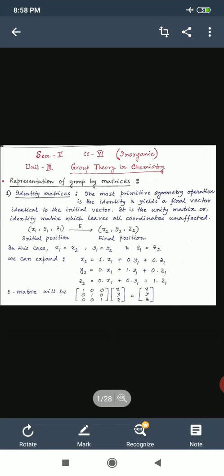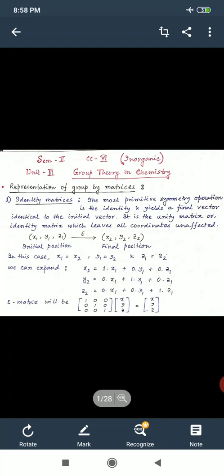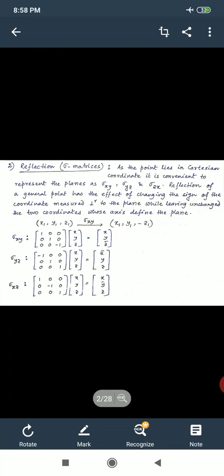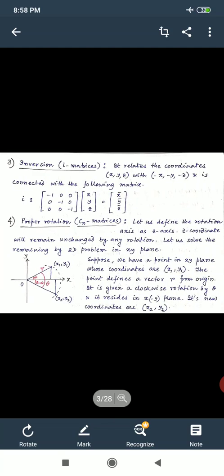At first, we have read about the representation of the group by matrices. We have talked about the identity matrices. In that case, what would be the matrix representation? In case of the reflection or the sigma matrices, what would be the matrix representation?